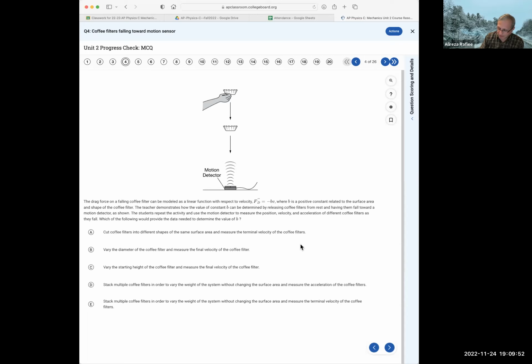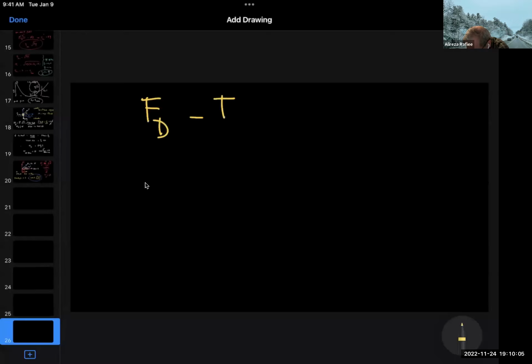Okay, so why is the last one more interesting? Because, going back to this, it relies on terminal velocity. You have F_d, you have F_g, and you want the terminal velocity to be reached, so that means acceleration is 0. So from the left side, you have bv, and from the right side, you have mg.